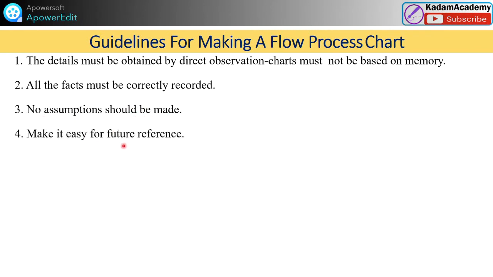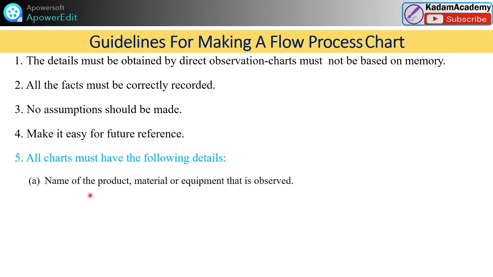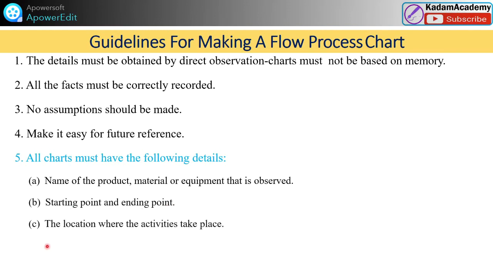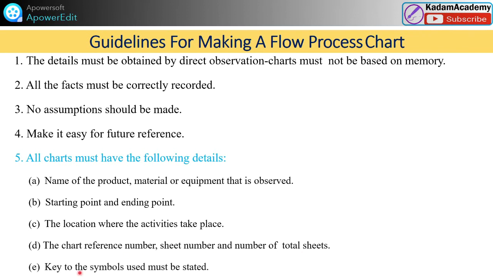Make it easy for future reference. All charts must have the following details: name of product, material, or equipment observed, starting point, ending point, the location where activities take place, the chart reference number, sheet number, and number of total sheets. The key to symbols used must be stated.